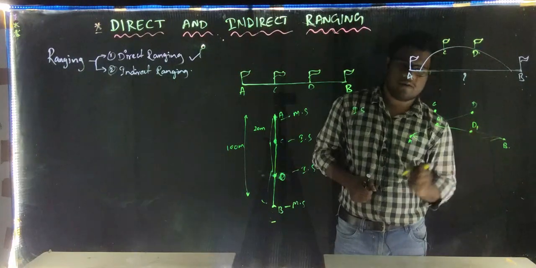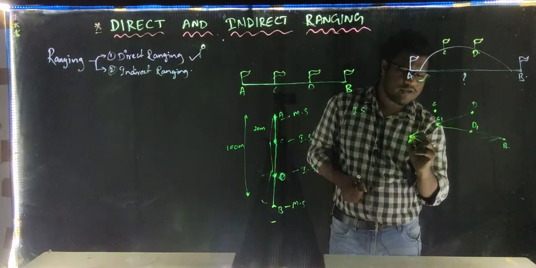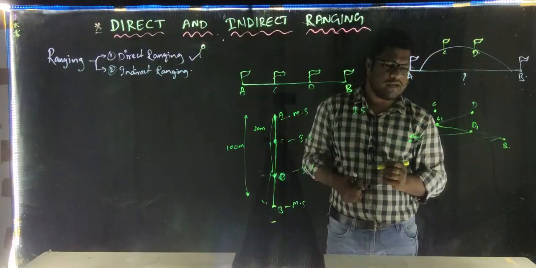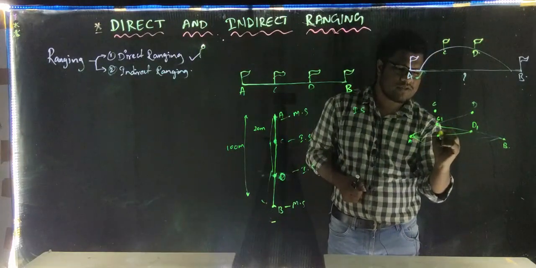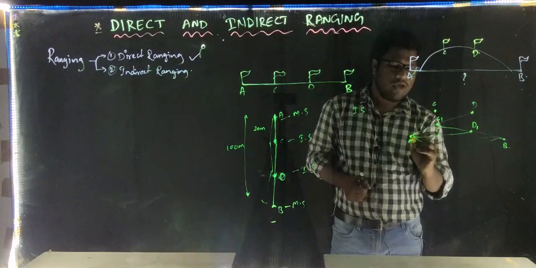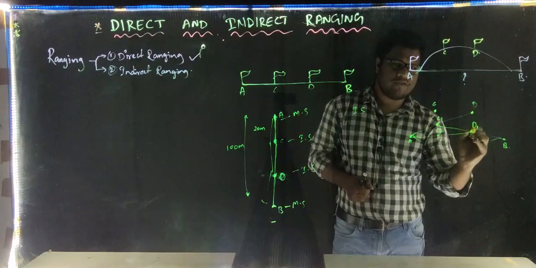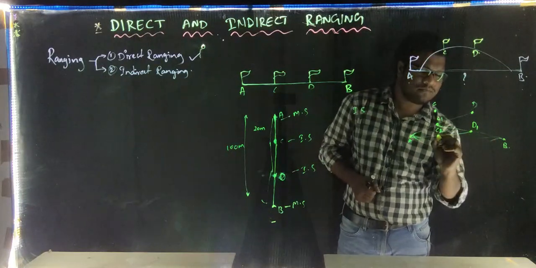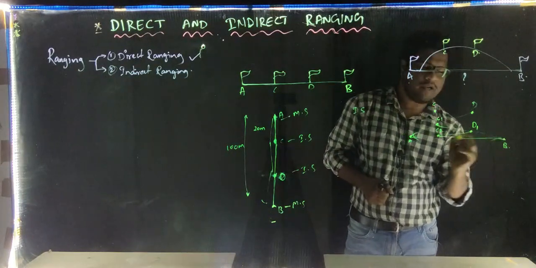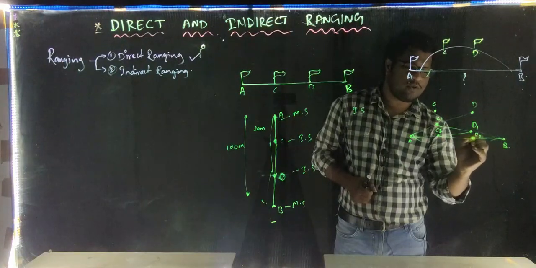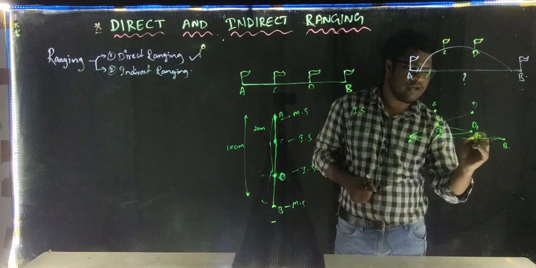And again, from A, I sight to D1, and I ask C1 to move into the line. Now this will be C2. A, C2 and D1 are in a straight line. Again, from B to C2, I ask D1 to move to a new position, D2.